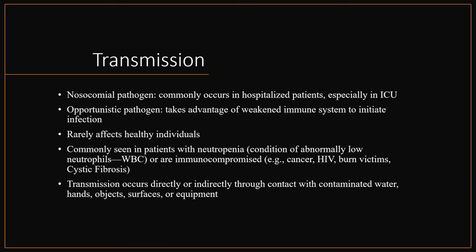It's commonly seen in people with neutropenia, which is a really low amount of neutrophils, which are a type of white blood cell. It's also commonly seen in those who are immunocompromised. Transmission occurs basically through contact with contaminated water, hands, objects, surfaces, or equipment.